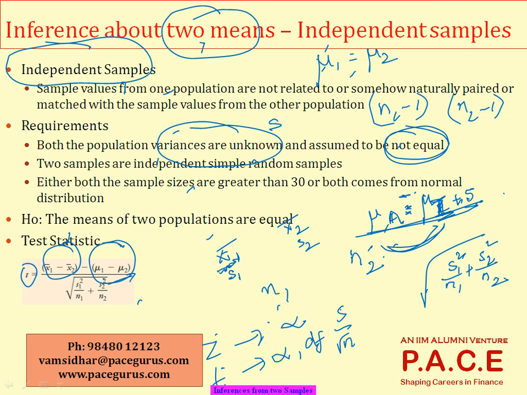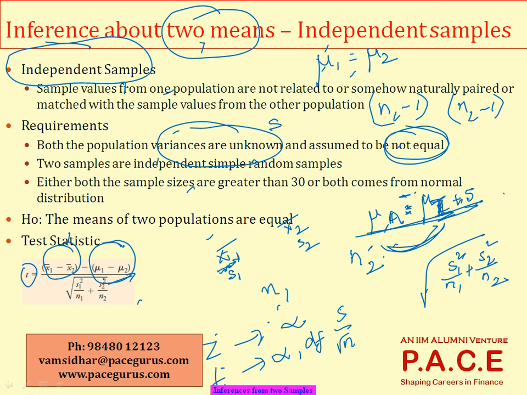Because we are talking about a t distribution, this will work only if I'm assuming that both the populations are coming either from a normal distribution, or at least the sample size is greater than 30. At least one of these two conditions needs to be satisfied if this particular test is to be applied. So there is one part which is the calculation, comparison with the critical values, and making a conclusion about the hypothesis.